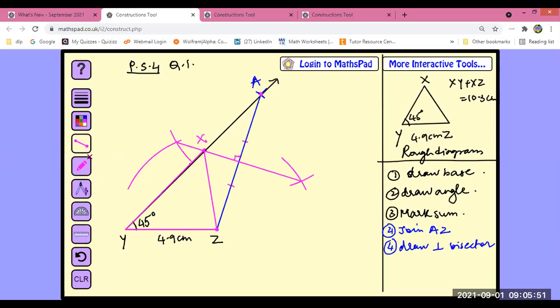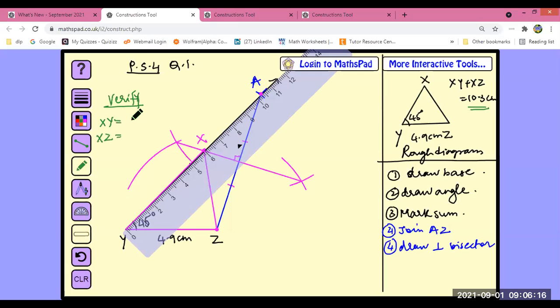Okay, and you can always verify, right? So let's quickly verify. We need to check if the sum is 10.3. So using a ruler, you can find out what is XY and what is XZ. Adding them up, we should get the sum that is 10.3. So here we are placing the ruler on XY and check, this is 6.1.